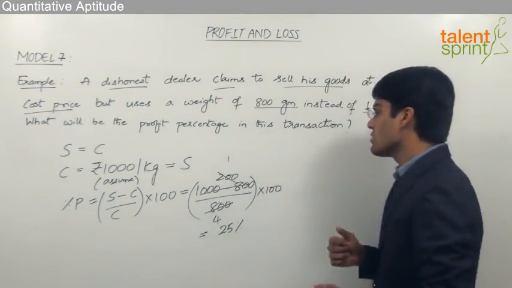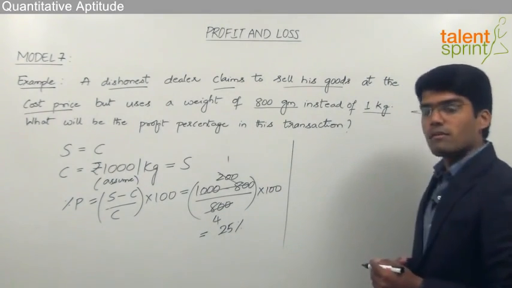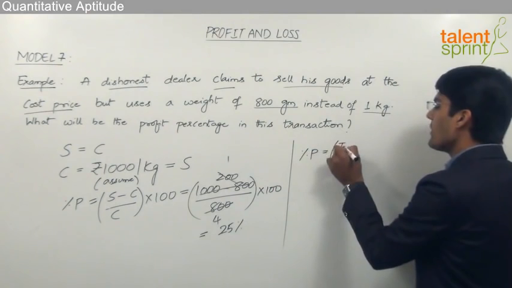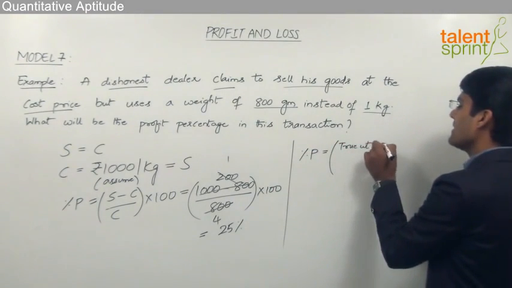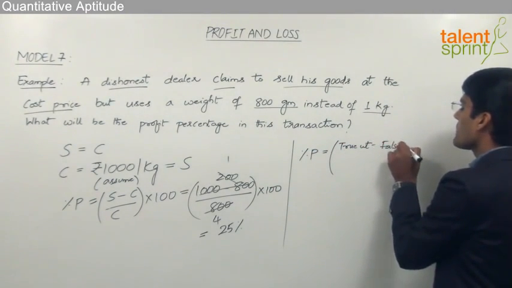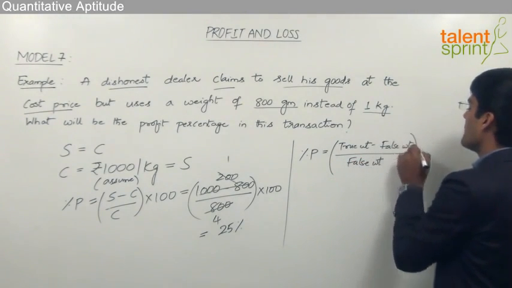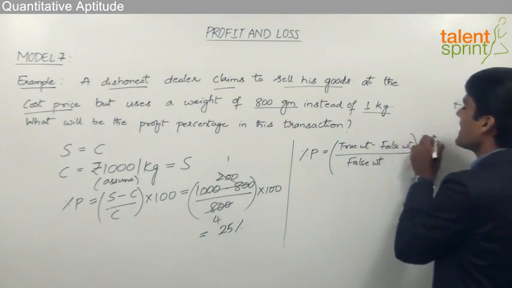This question can also be solved with the help of the shortcut formula, which goes as follows. The percentage profit will be equal to (true weight minus false weight) by false weight into 100. If you can remember this formula, you can directly get the answer.